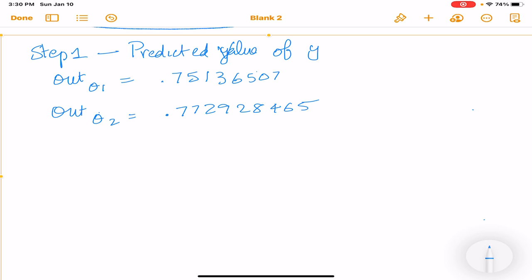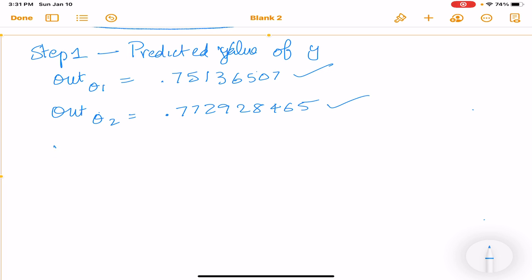The network says for my input I1 which is 0.05 and my second input I2 which is 0.1, the predicted value for my output node O1 is this one and the predicted value for my output node O2 is this one, right? But we know the actual value of y.